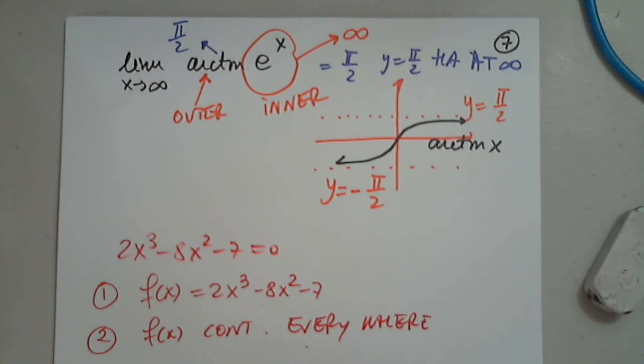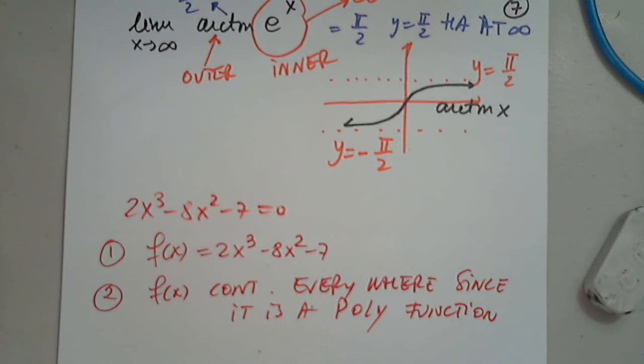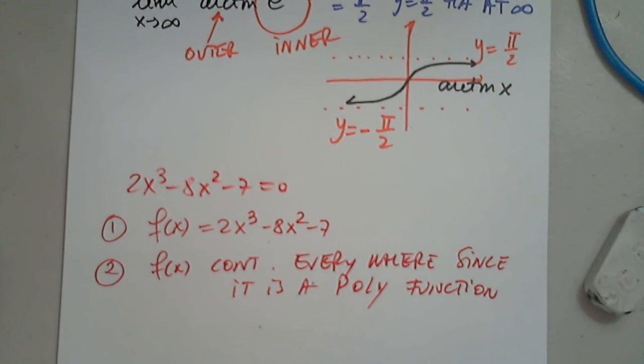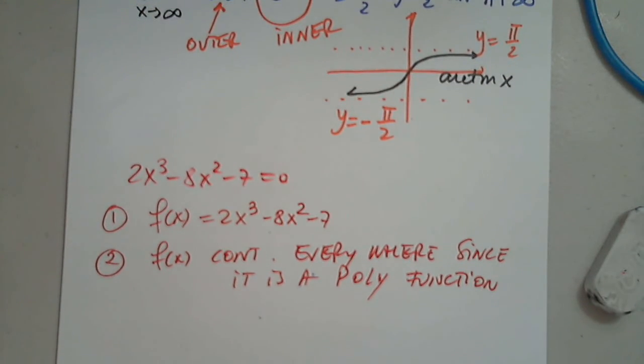I don't have to write this. I will write it because it's a polynomial, since it is a poly function. By definition, polynomials are continuous, defined, continuous, and differentiable everywhere. So now in step number 3, I have to plug the function in the graphing calculator.